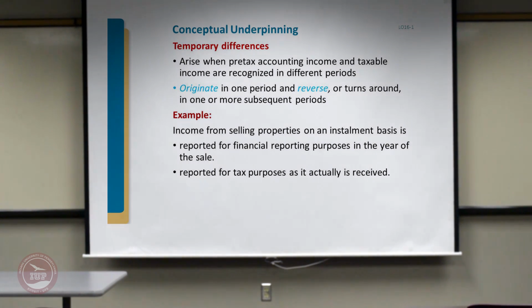For example, if you sell a property on an installment basis, for financial reporting purposes it is reported in the year of sale. But as far as taxes are concerned, you will report it as income when it is actually received. So in this case, the accounting income will be higher in the year of sale, but the taxable income will be higher in the subsequent years when the money is actually received.